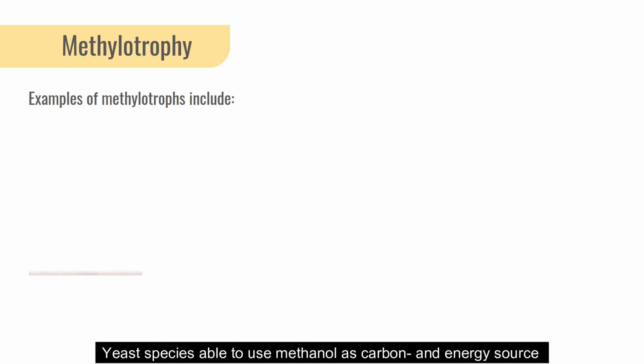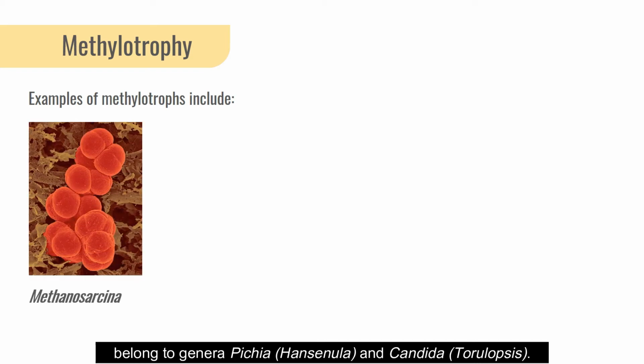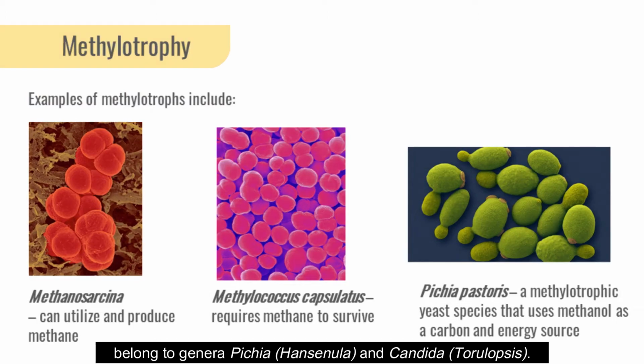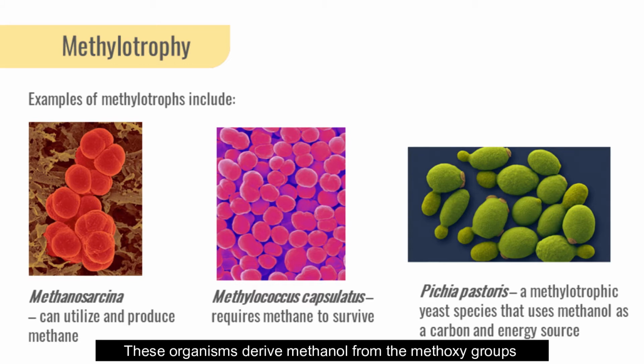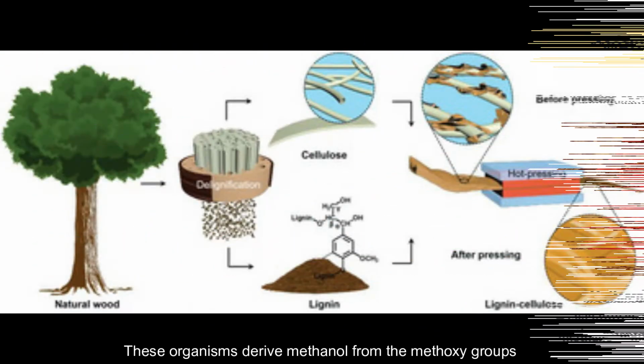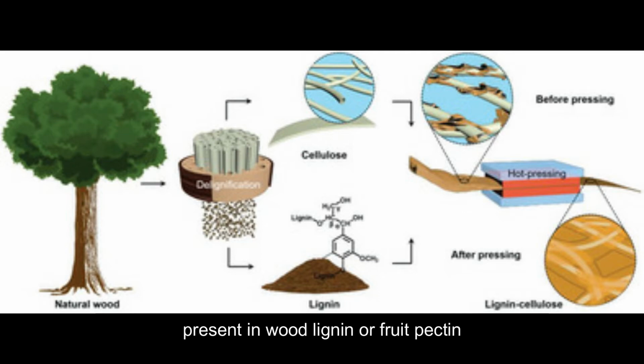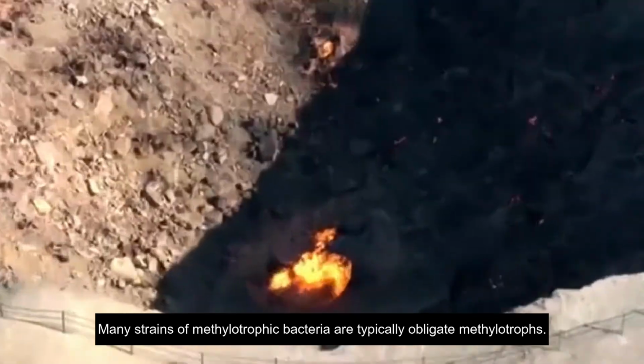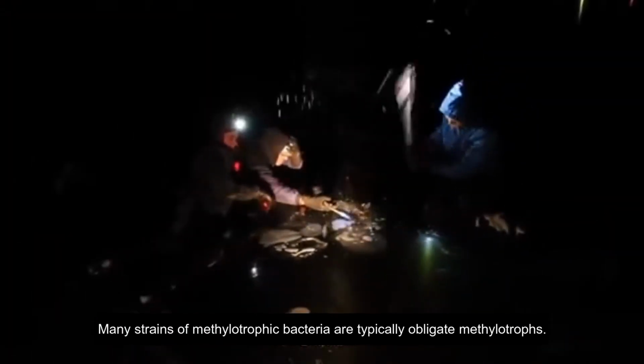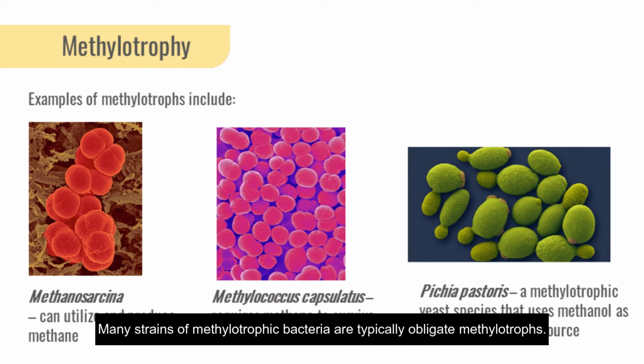Yeast species able to use methanol as carbon and energy source belong to genera Pichia and Candida. These organisms derive methanol from the methoxy groups present in wood lignin or fruit pectin. Many strains of methylotrophic bacteria are typically obligate methylotrophs.